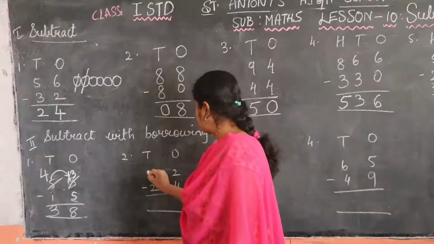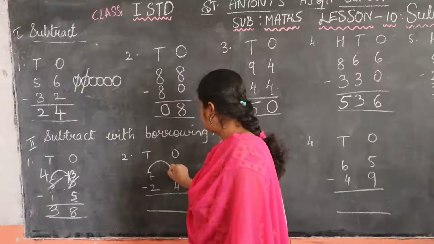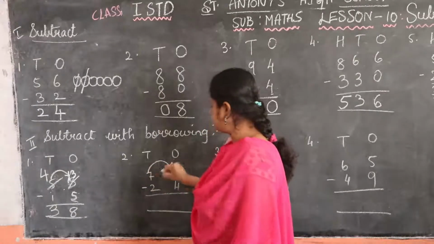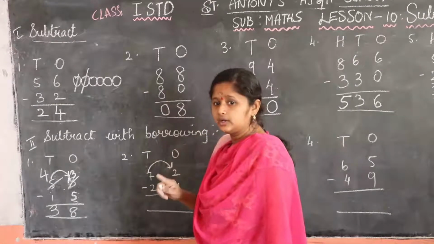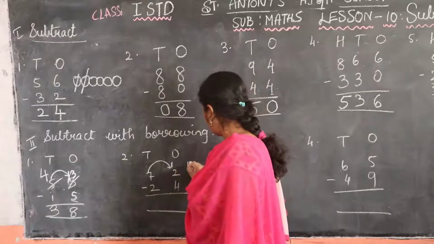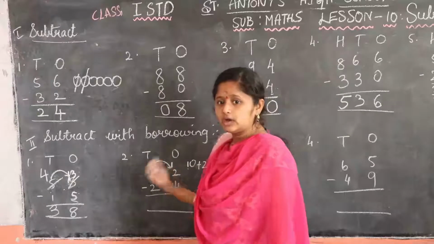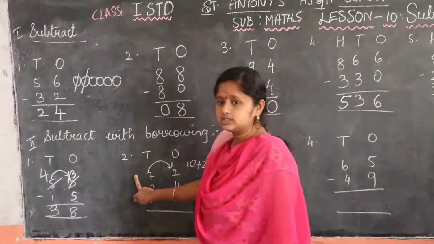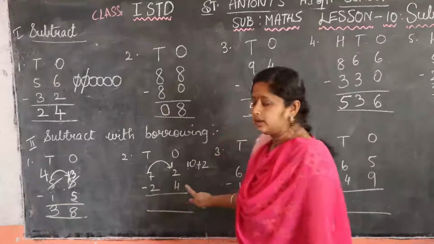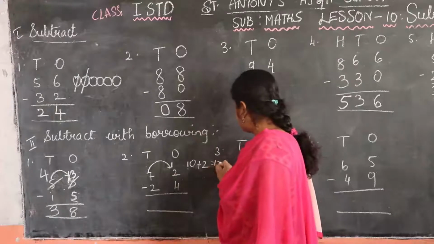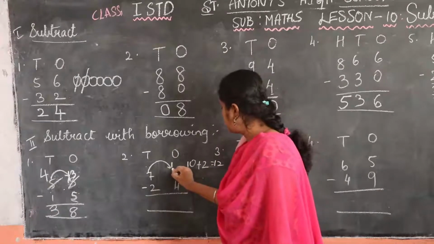We are going to borrow 1 ten to the ones place. If we borrow 1 from the tens place, 10 plus 2 is how much, children? 12.